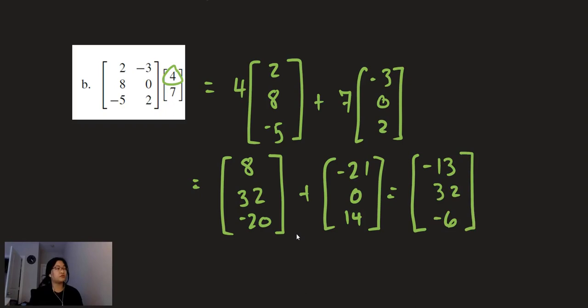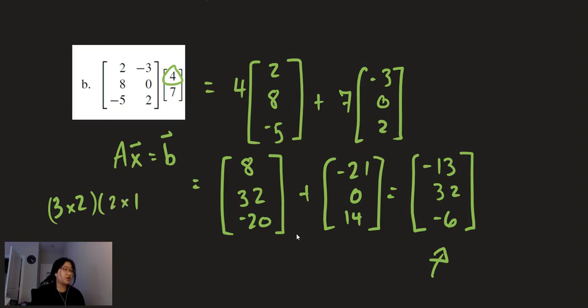Yeah? Alright, cool. So that's AX equals B, and we get out a vector, and the resulting vector B is going to be the size, because this was a 3 by 2 matrix that we're multiplying by a 2 by 1 matrix, so the result is going to be a 3 by 1 matrix, because the middle has to match up in order for us to have the right number of weights.